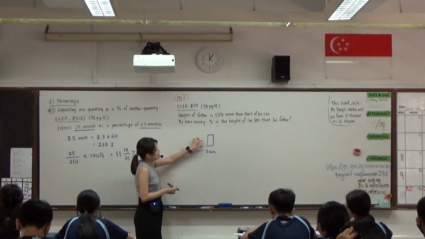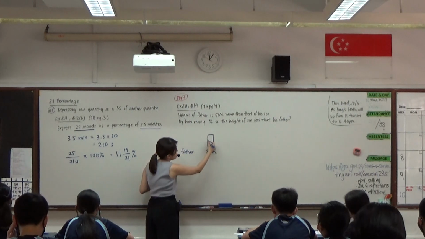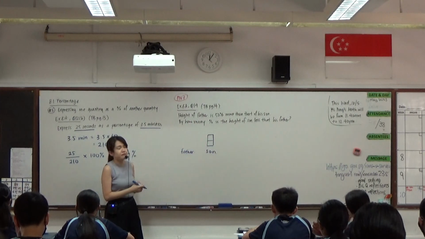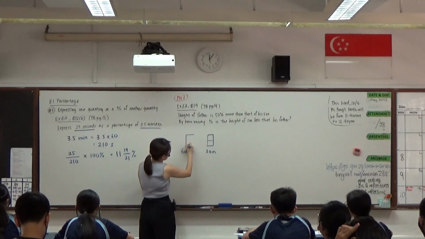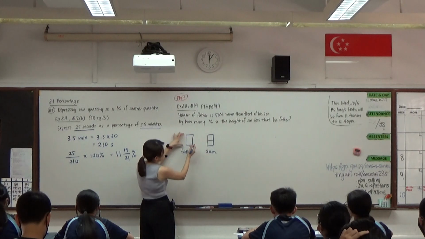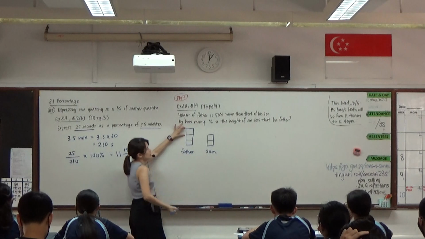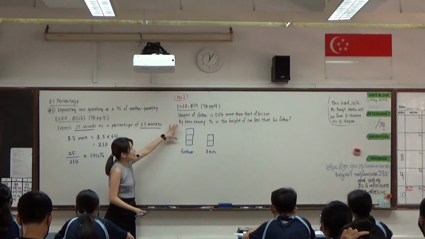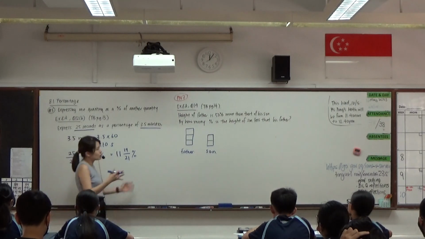Father is 50% more than the son. So in this unit over here, let me divide into two parts, two 50%. That means for the father, which originally would be like that, 50% more means one block more. So this will be how the height of the father would look like in a model form.